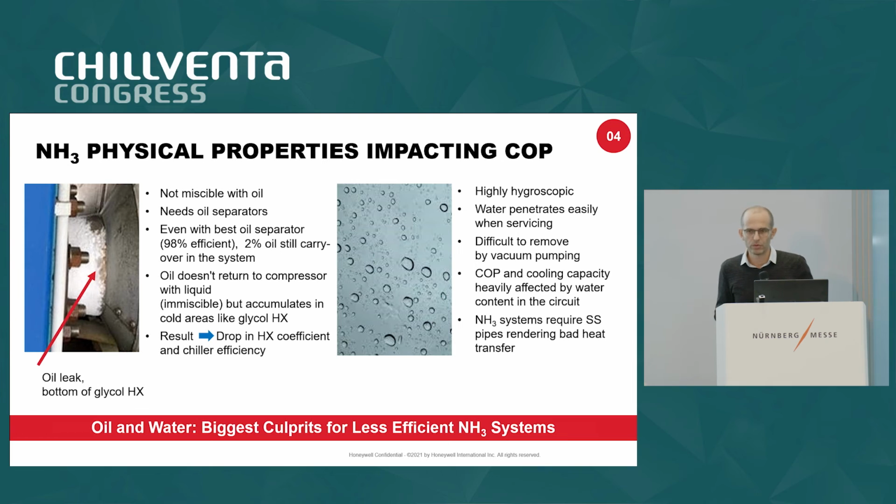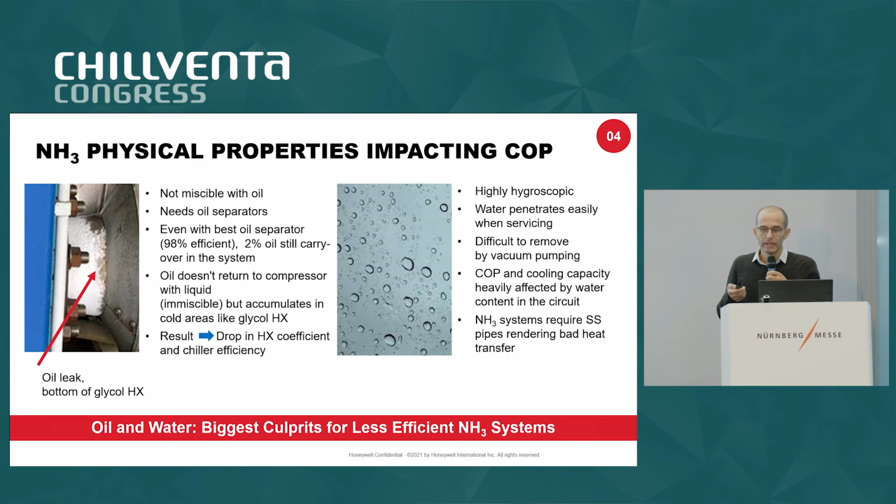Also, I would like to mention some problems with ammonia installations. When we are using ammonia, we face a problem of humidity infiltration inside the system. If we have this humidity infiltration, as probably you know, ammonia and water make an azeotropic mixture, which is toxic and corrosive.